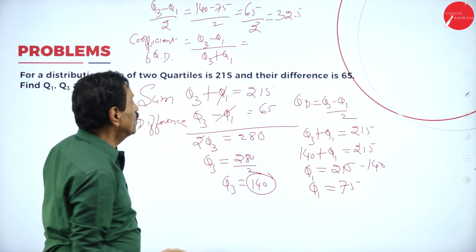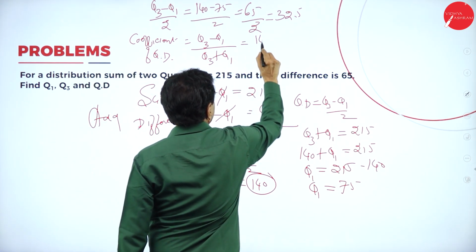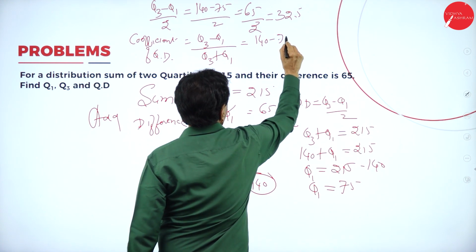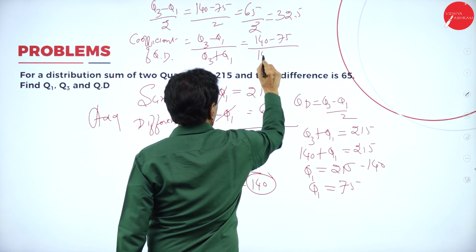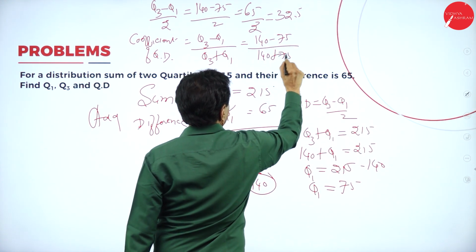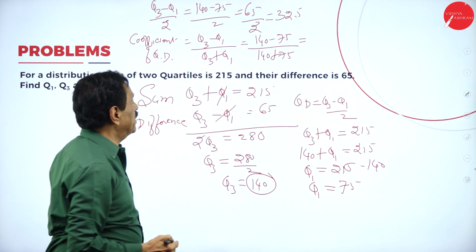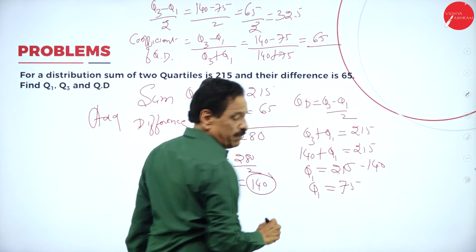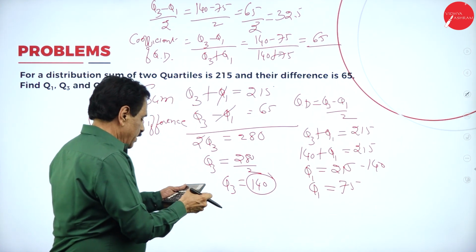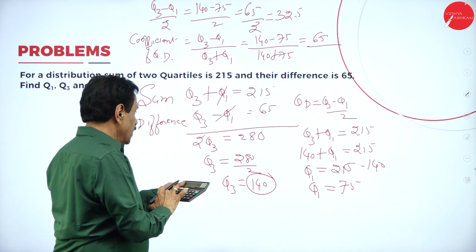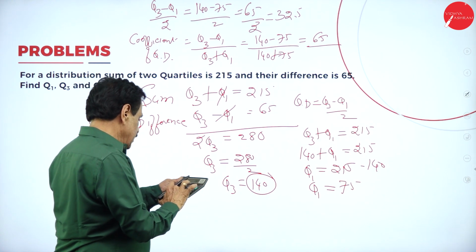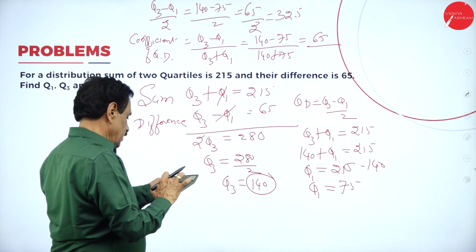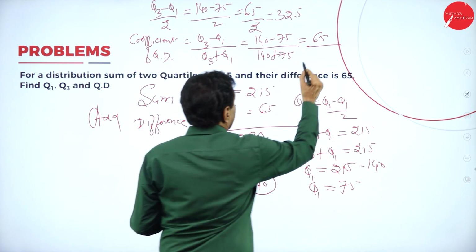What's your Q3? 140 minus 75 divided by 140 plus 75. 140 minus 75 is 65, divided by 140 plus 75, which is 215.